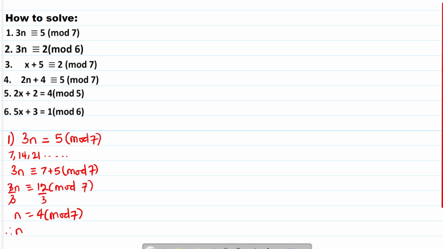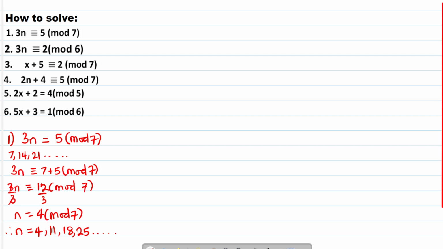Apart from this solution, there are other solutions that will exist for n, because for the lowest possible solution, other solutions will include 11, 18, 25, and so on. To generate other possible solutions, we just keep adding 7 to the first solution, which is 4. 7 plus 4 will give us 11. 7 plus 11 will give us 18. 7 plus 18 will give us 25, and on like that.